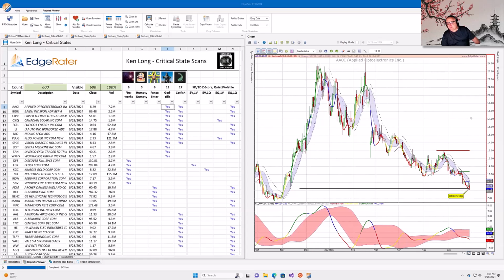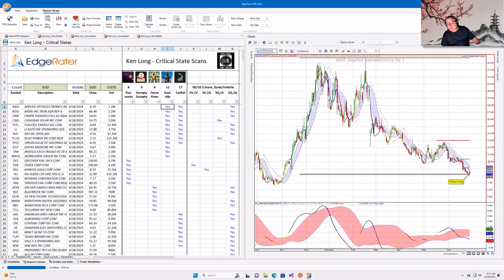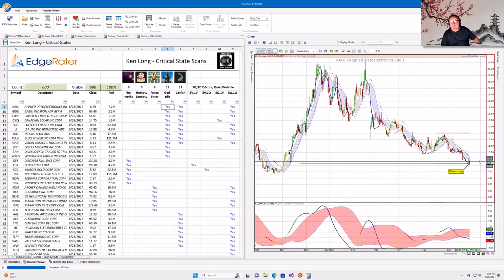But guess what happens if it breaks below Friday's low? It's going to break through 7. And if it breaks through 7, they're going to look back and say, oh my goodness, this is a new 150-day low. That means there's a whole new group of short sellers that are going to come in and pound this thing into oblivion. So I don't know which way it's going to go, but if it starts breaking out of Friday's range, there's a reasonable chance of a larger than normal move in a shorter period of time than normal in either direction.